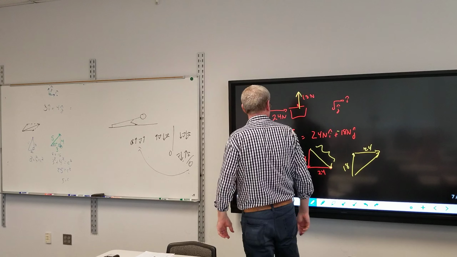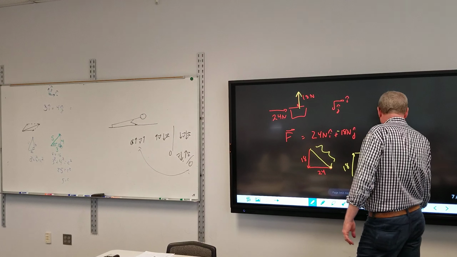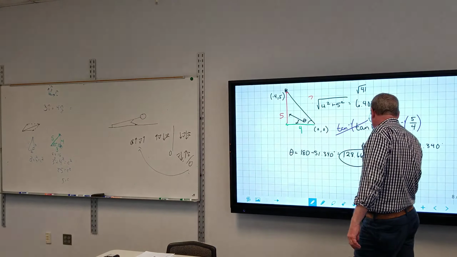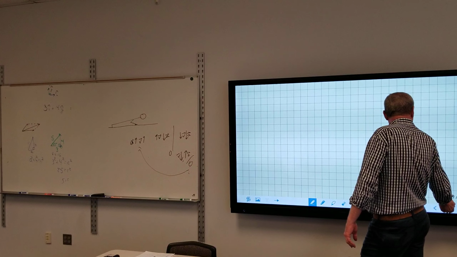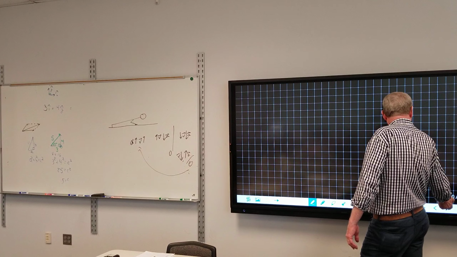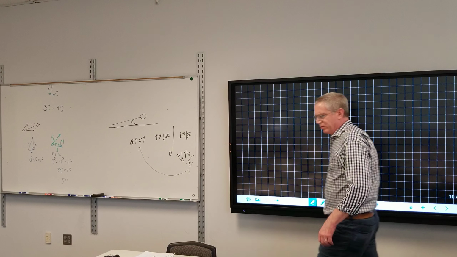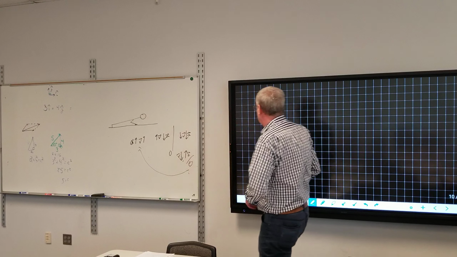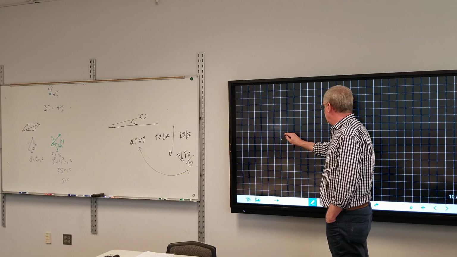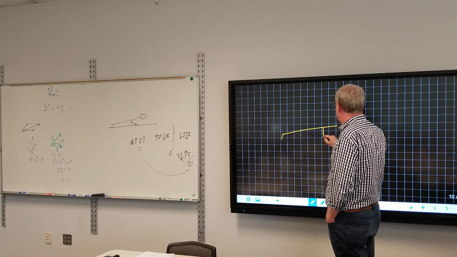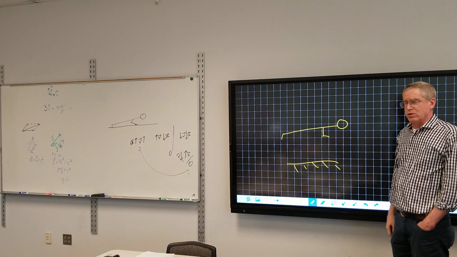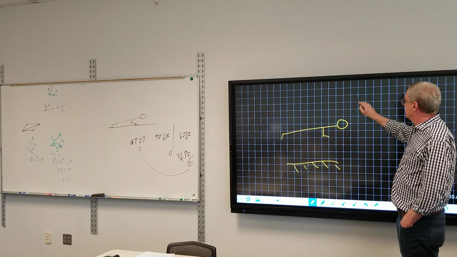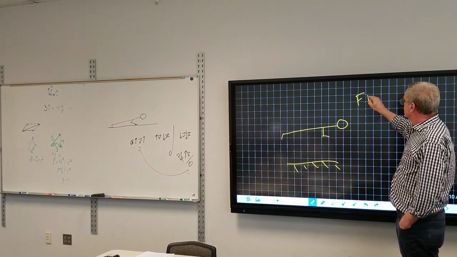If we look at the force diagram, usually get past these. Hopefully that's not too disturbing. So if we do the force diagram, these are the two objects. Is the grid disturbing anyone?